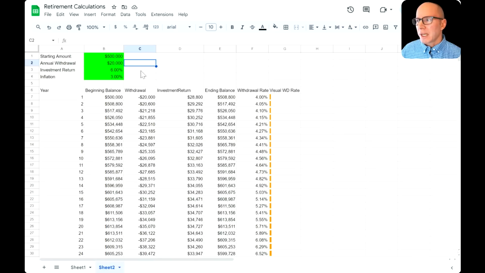With the 4% rule, you would spend 4% of your starting account balance each year. So 20,000 is 4% of 500,000, or if you prefer, you can say a million, a nice round number. 4% of that is 40,000. You start with that withdrawal amount, and then you increase it every year with inflation.